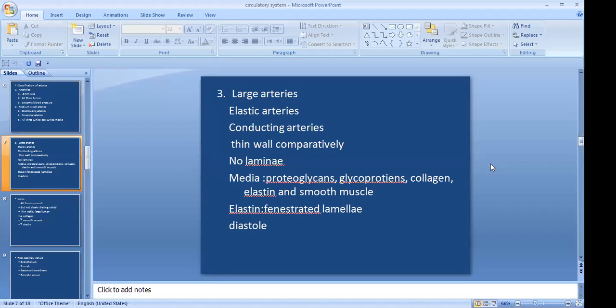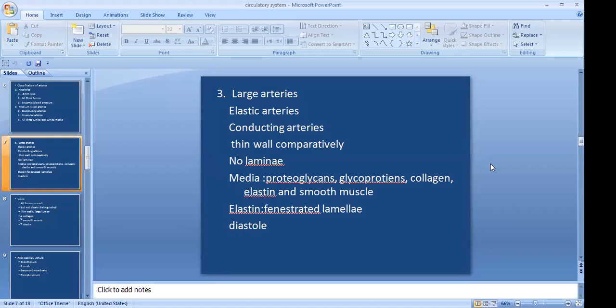The other differentiating point is that in the tunica intima there is usually an internal elastic lamina, and in the tunica media there is an external elastic lamina. In large arteries, there is no internal and external elastic lamina present.